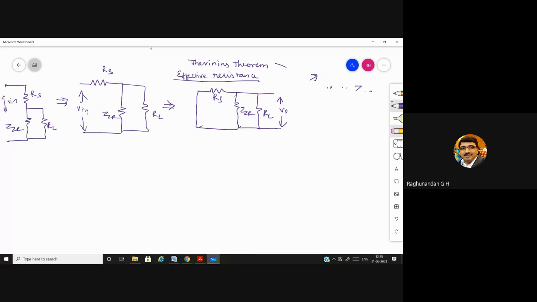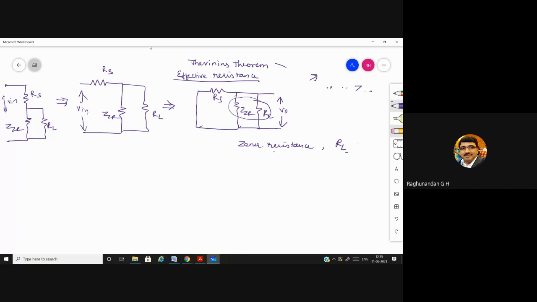Now, can I take these two as parallel? Are they parallel, first of all? Yes, they're parallel. And one more thing, when you consider the Zener resistance and load resistance, which will be maximum among these two? Load resistance, right?